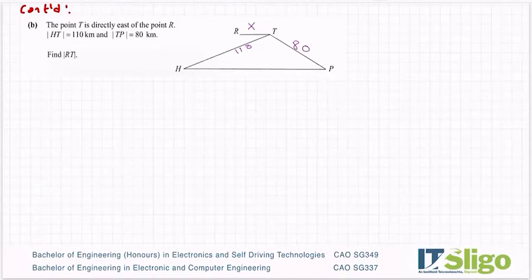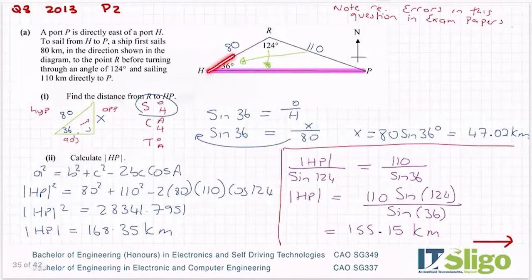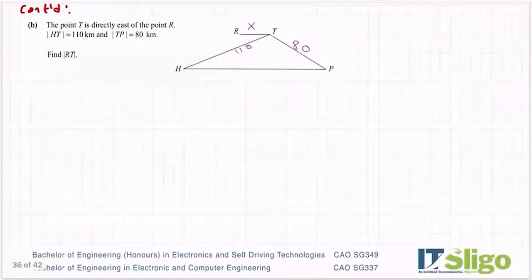Now this was the part that really threw people, because if I go back to the last page, you can see we have a dimension here, HR, which is 80.